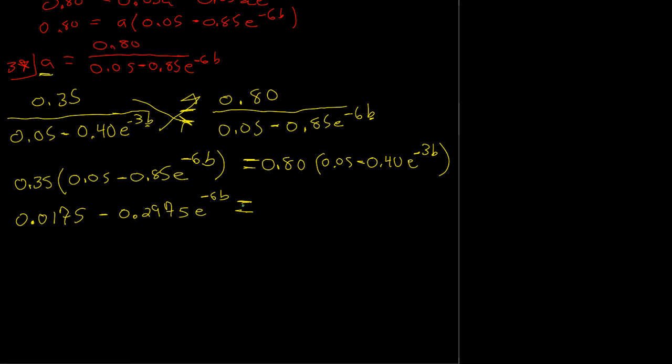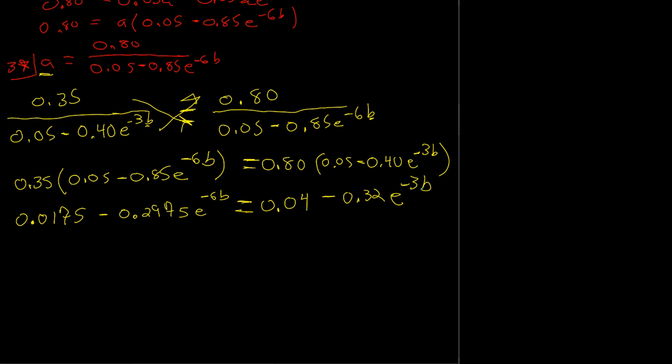So I'm distributing. Right, I'm distributing to each of these things. It's 0.04 minus 0.80 times 0.40, which is 0.32 e to the negative 3b. Okay, not too horribly bad.